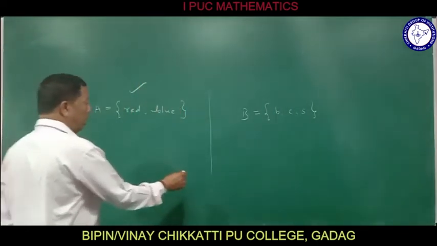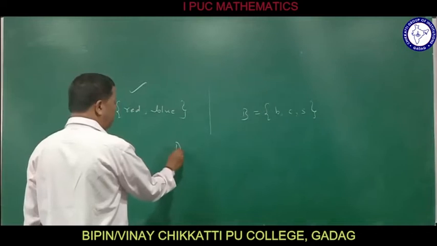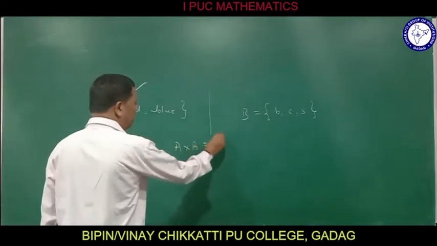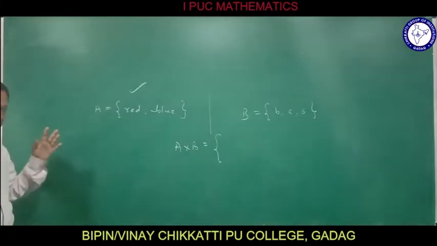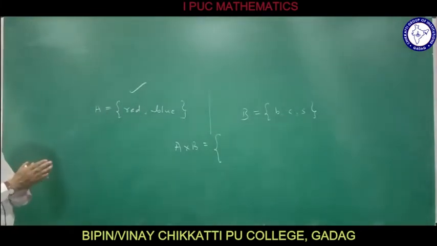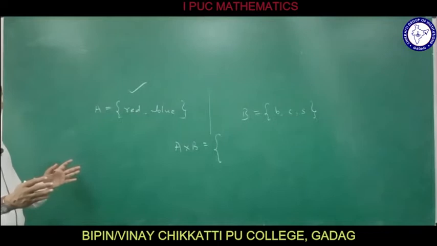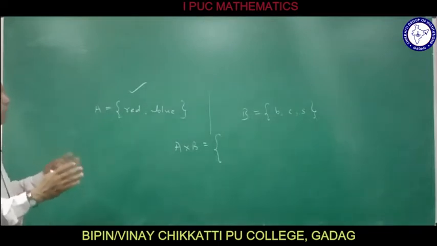You have to tell what the Cartesian product A cross B is. How many pairs do we find after the Cartesian product?